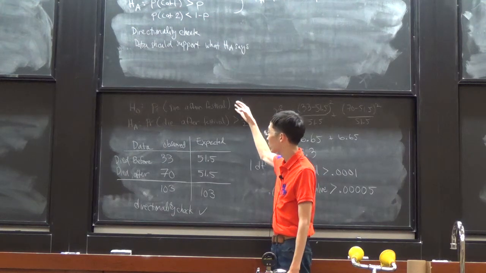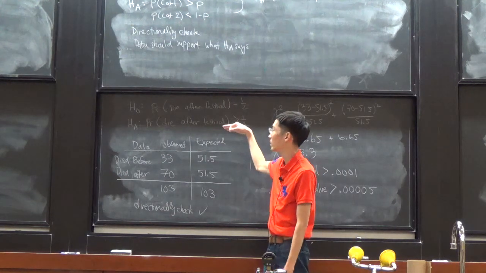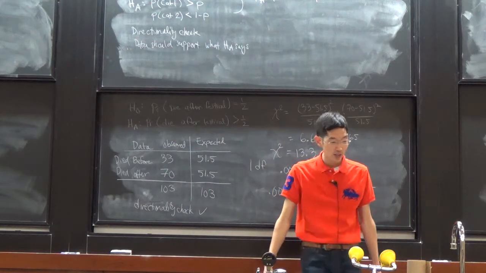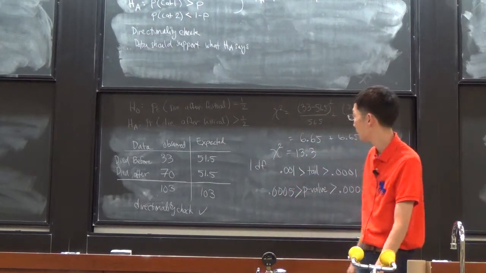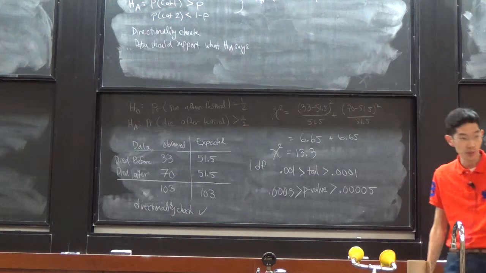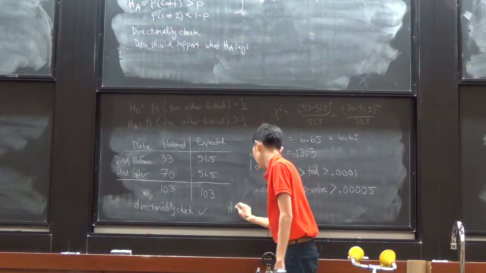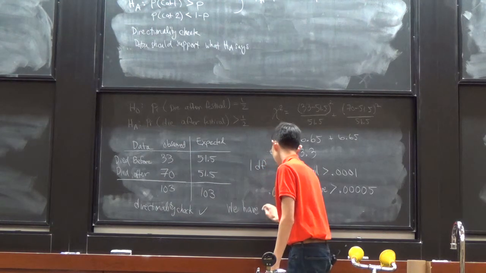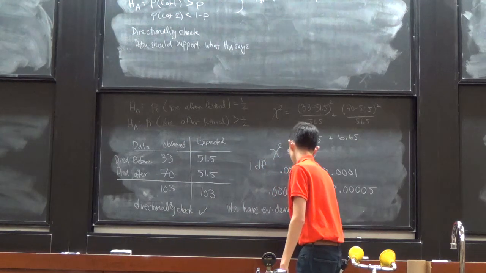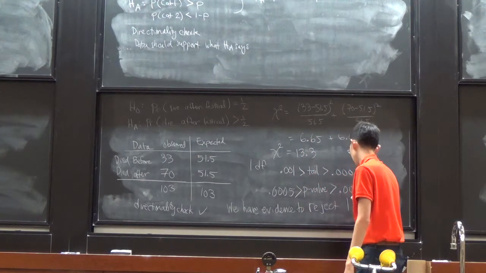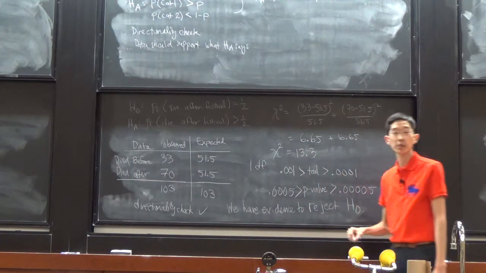We're going to reject the null hypothesis and say we do have evidence that the proportion of elderly Chinese women that died after the festival is greater than 1/2. So we have evidence to reject the null hypothesis.